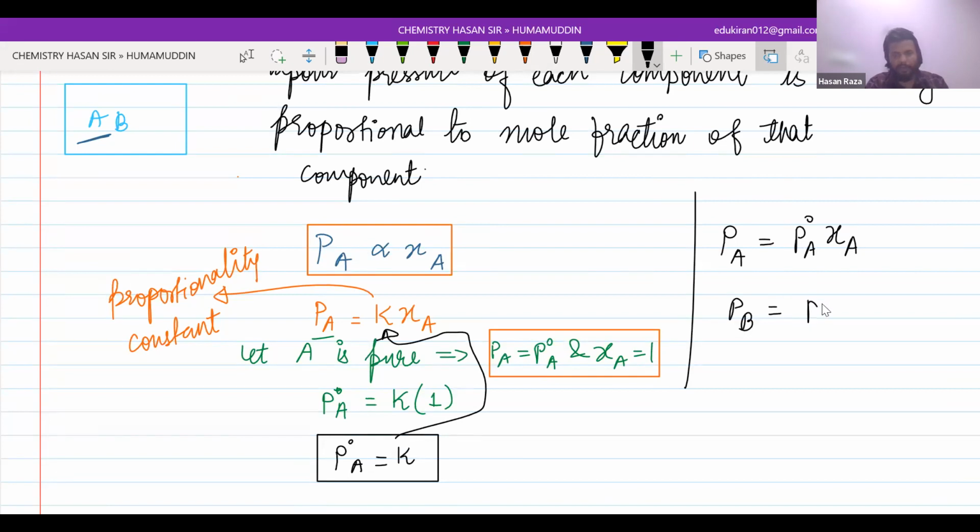Partial pressure of B will be equal to pure pressure of B into the mole fraction of B. Everyone getting my point? Yes, sir. Now, please do write it up to this.